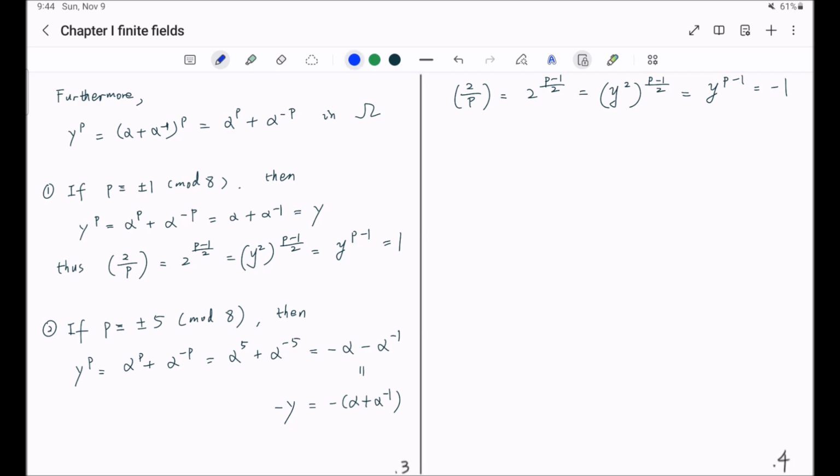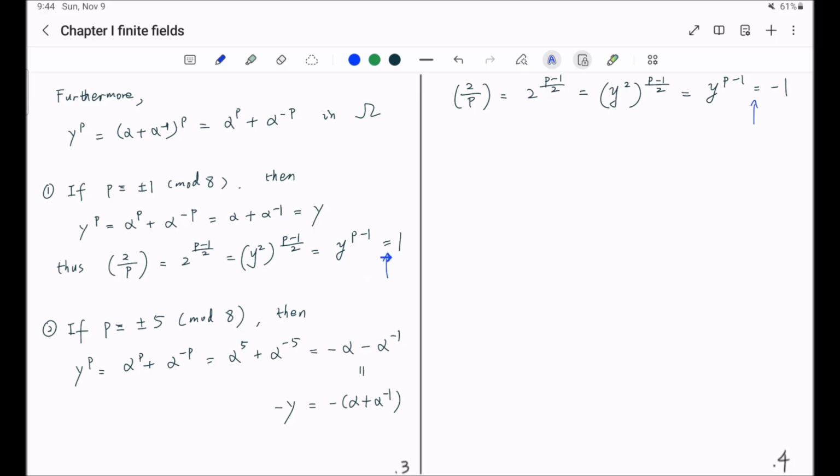At this point, if you follow me carefully, you'll notice that I forgot to explain two things. I forgot to explain why y to the power p minus 1 is equal to 1, and also why here y to the power p minus 1 is equal to negative 1.